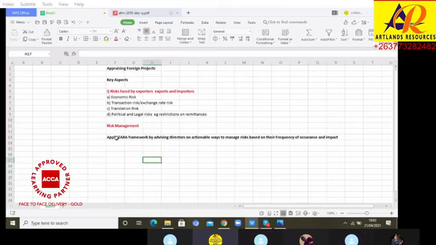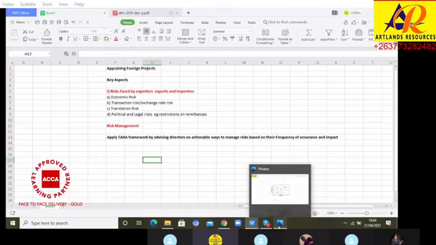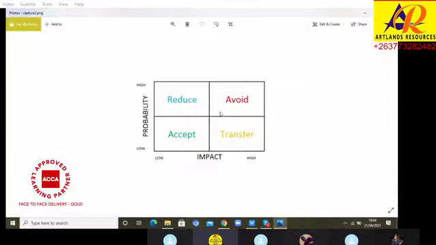So this is what I mean here by saying apply TARA framework by advising directors on actionable ways to manage risks based on their frequency of occurrence and impact. Instead of saying impact, they say severity. When I say actionable ways, it's not an answer to say reduce, avoid, accept, transfer.